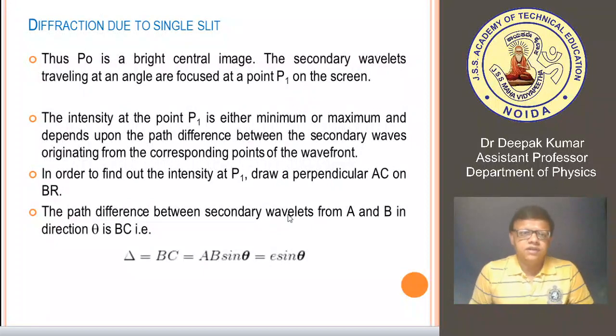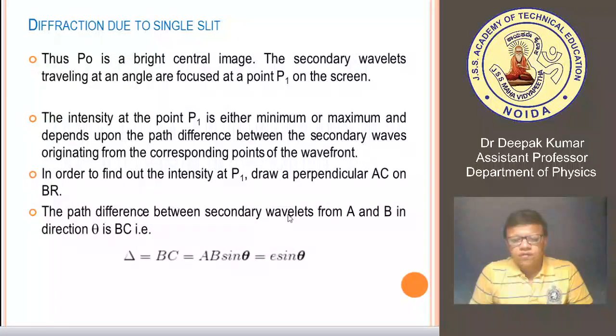The secondary wavelets traveling at any other angle are focused at point P1 on the screen, and similarly at other points up and down on both sides of the central maximum. The intensity at a point P1 is either minimum or maximum and depends upon the path difference between the secondary waves originating from the corresponding points of the wavefront.